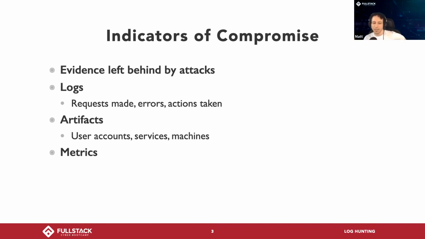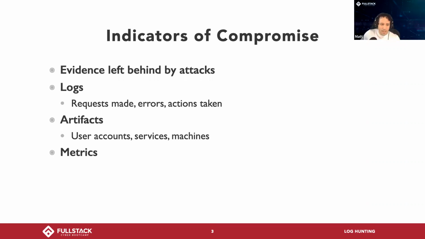You log into a new machine, you see a new account, you're like, oh, that's funny, right? This is an artifact of some indicator of compromise. This might be the way that they're getting back in. You might see new services running on the machine. You might see new machines themselves, right? A new switch shows up on the network. A new wireless access point shows up on the network. These are all considered artifacts of indicators of compromise.